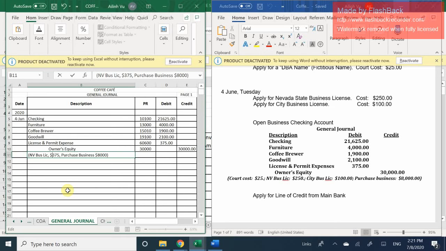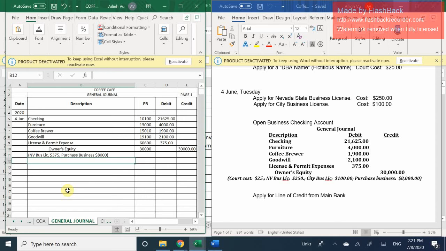In this one, you don't see the business as $8,000. So this is just me being as descriptive as I can, so I can recognize: oh, I bought the business license, and I bought the business for $8,000. So there is my very first transaction.